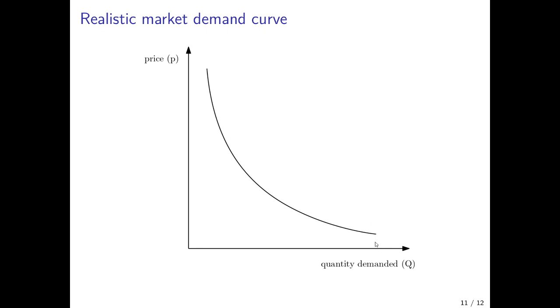It's downward sloping. For a low price level, the quantity demanded is high. For a high price level, it's low, but it is not necessarily zero because it could be a necessary good. So that even for a high price, people may need to consume it, and therefore perhaps this function only approaches the horizontal line for a very, very high price.